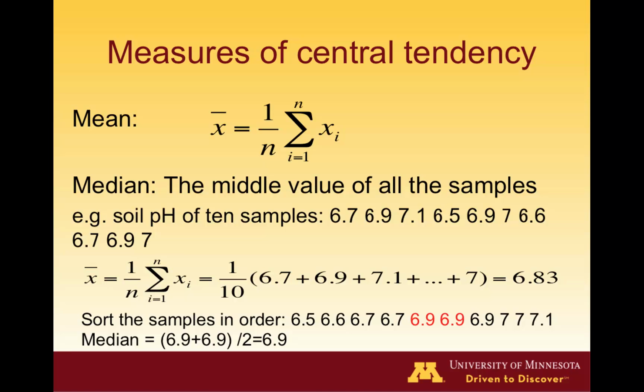So you get 6.5, 6.6, 6.7, all the way to 7.1. And the median is the average of the 5th and the 6th, which gives you 6.9. So it's different from the mean. It's the middle value of the whole soil samples.